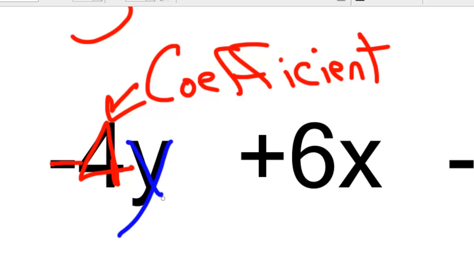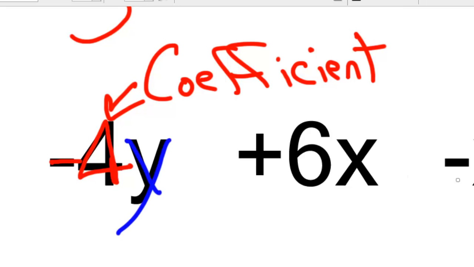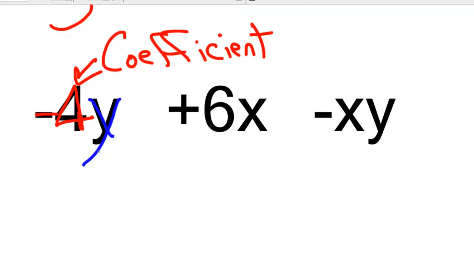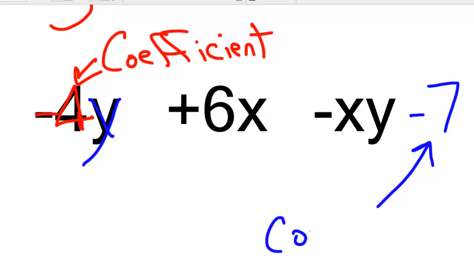These letters are called variables, and we've got 3 terms here. We've got -4y, positive 6x, and -xy. If it said maybe -7, a number without a variable is going to be called a constant. And it's not critical that you remember this vocabulary, provided that you know how they work together.